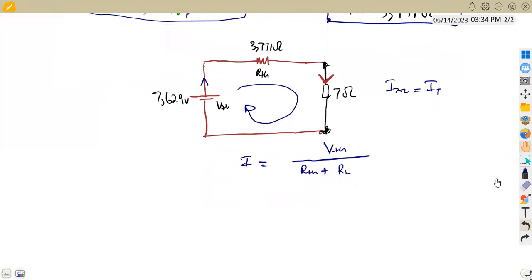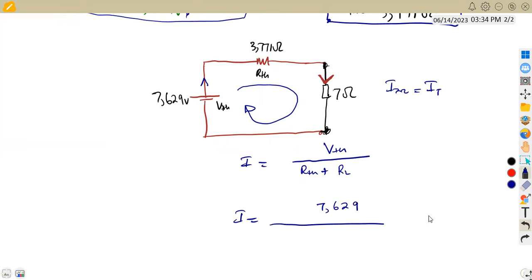So you add all the resistors together. So meaning to say our current is going to be VTH, which is 7,629, over the total resistance, which is RTH, 3,771, plus RL, which is 7. So if you combine everything together, that will give us the total current through the circuit.